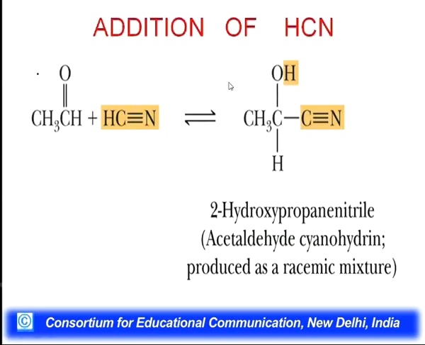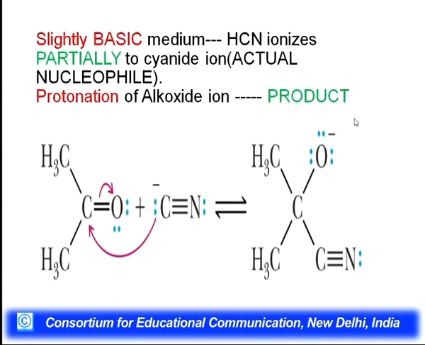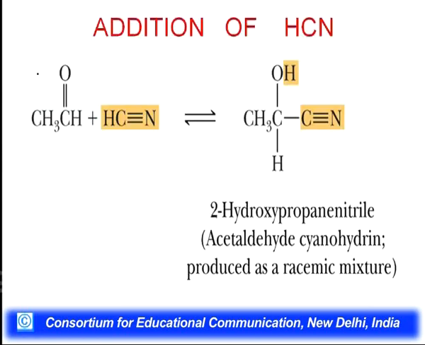Now the next addition reaction we have to talk of is addition of HCN. So if I talk of addition of HCN to an aldehyde, which is acetaldehyde, then what we find is that this reaction will take place in a basic medium.